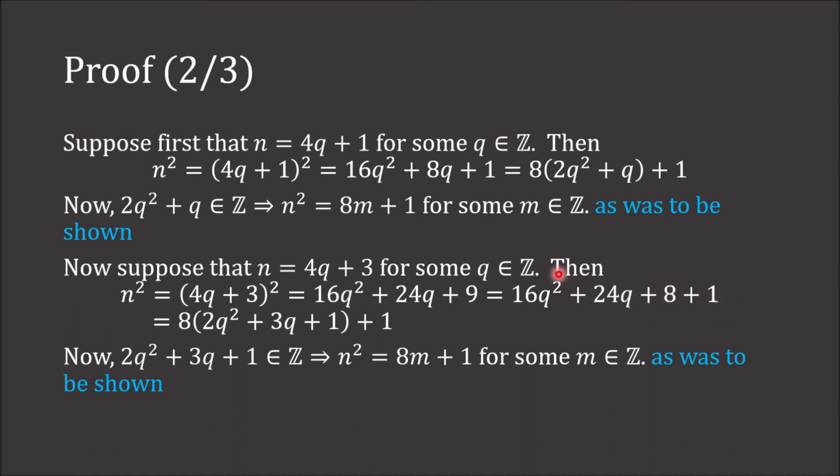Now from these first 3 terms, we factor out an 8 to be left with 2q squared plus 3q plus 1, and then all that is plus 1. But this term here, this 2q squared plus 3q plus 1, is an integer. And so we've now written n squared as 8 times an integer m plus 1, which was to be shown.